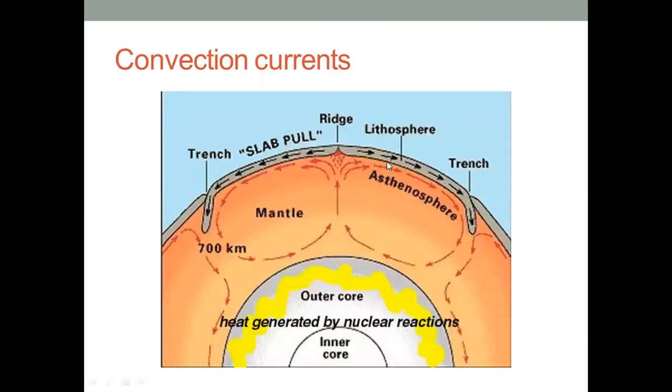During this movement, some of the lava, the magma, will come up and get cooled and solidified to form crustal part again.